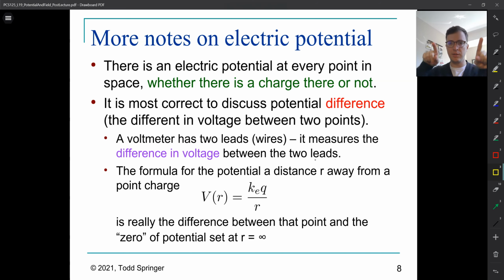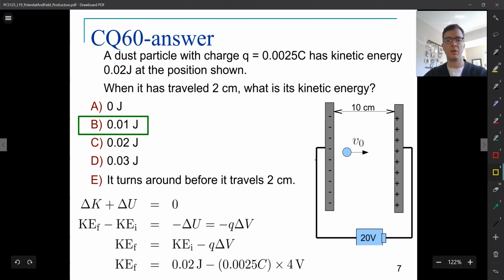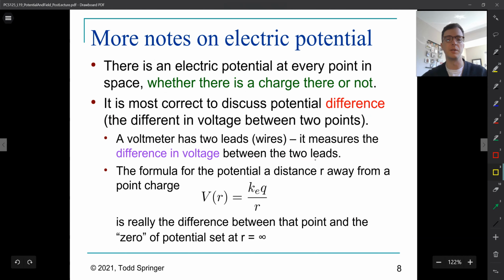It has 2 leads, which you connect to different circuit elements, and it says, what's the difference in the voltage between those 2 points? So you always talk about differences in potential, because that's what really shows up in problems, because the change in potential is related to the change in kinetic energy. So we're always interested in the change in voltage between 2 points.